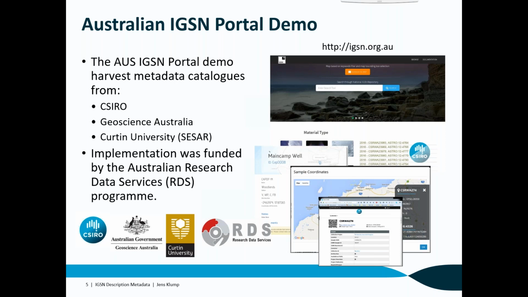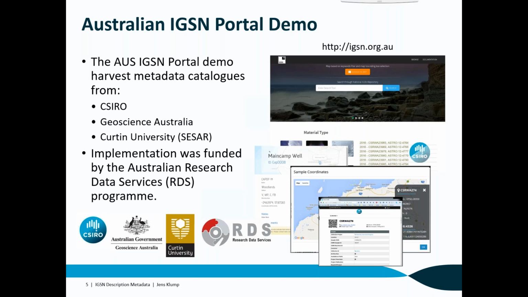The Australian IGSN portal demo harvests metadata catalogues from CSIRO, Geoscience Australia, and Curtin University. Now, Curtin University started out registering their samples through CSIRO, so we actually harvest CSIRO, and then display these aggregated catalogues through our website.